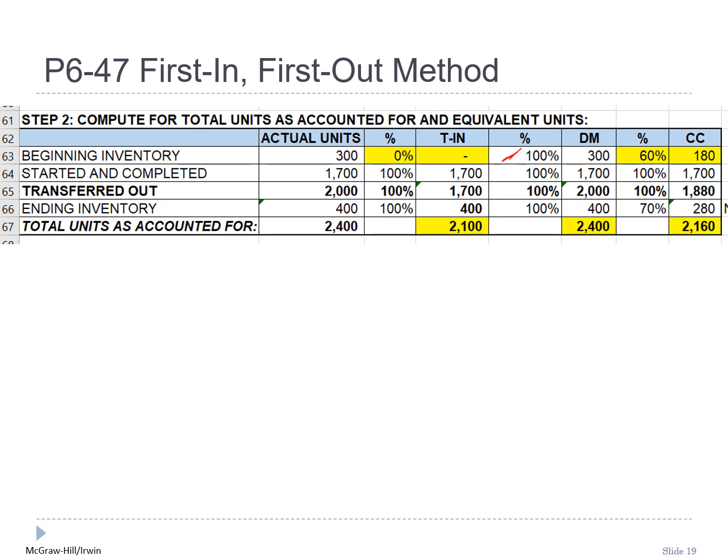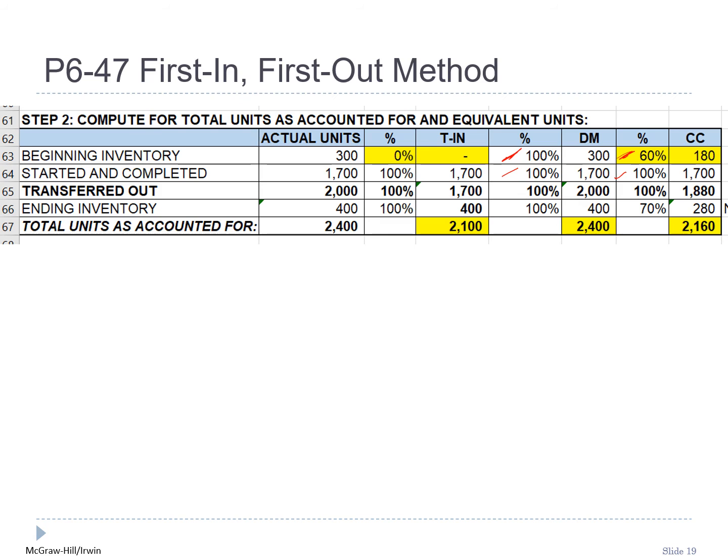Kaya 100% yan. So, 40% last month. So, para maging 100, kailangan pa ng 60% dun sa conversion cost. Kaya yan yung 60%. So, started and completed, or pwedeng palitan yung started, transferred in and completed, pwede yan. So, laging 100%.